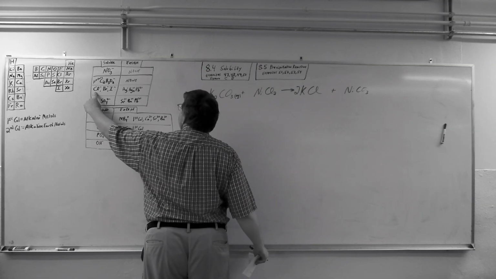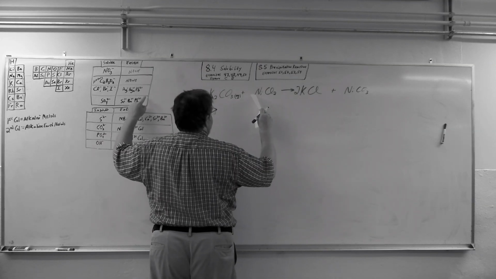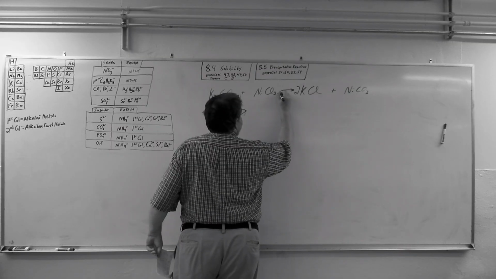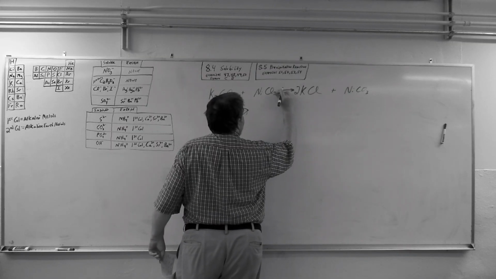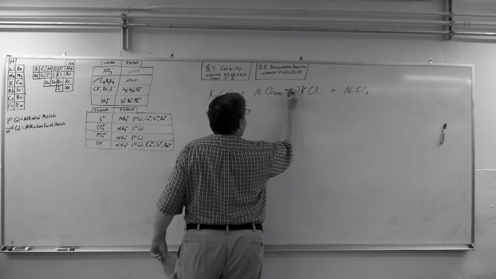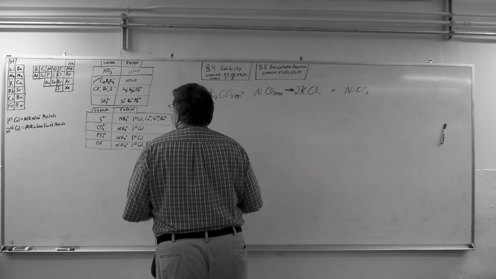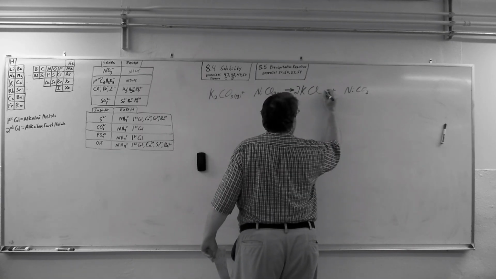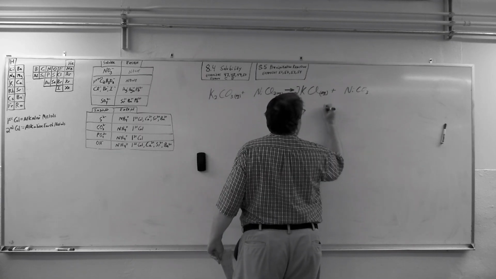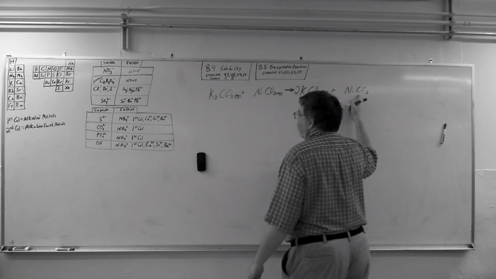Anything chloride is soluble except for these. That's not one of the exceptions. So far, we're thinking we might actually have a reaction. KCl, that's soluble. What about this? Is this soluble?